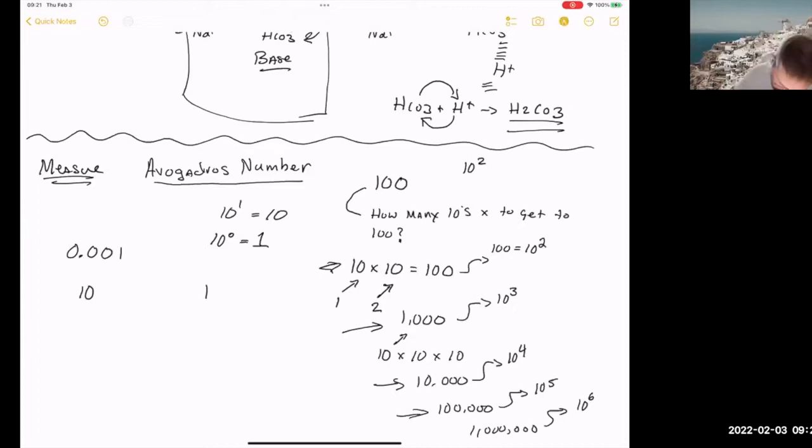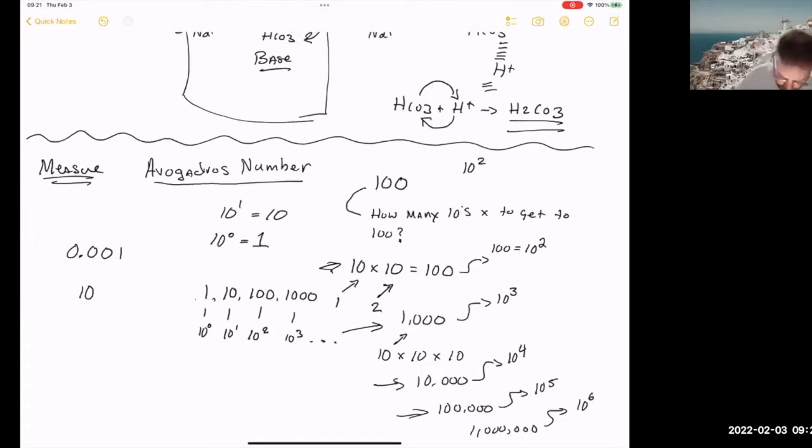So here's 1, 10, 100, 1,000, right? So 1 is 10 to the 0, 10 is 10 to the 1, 100 is 10 to the 2, 1,000 is 10 to the 3, and so on and so forth.